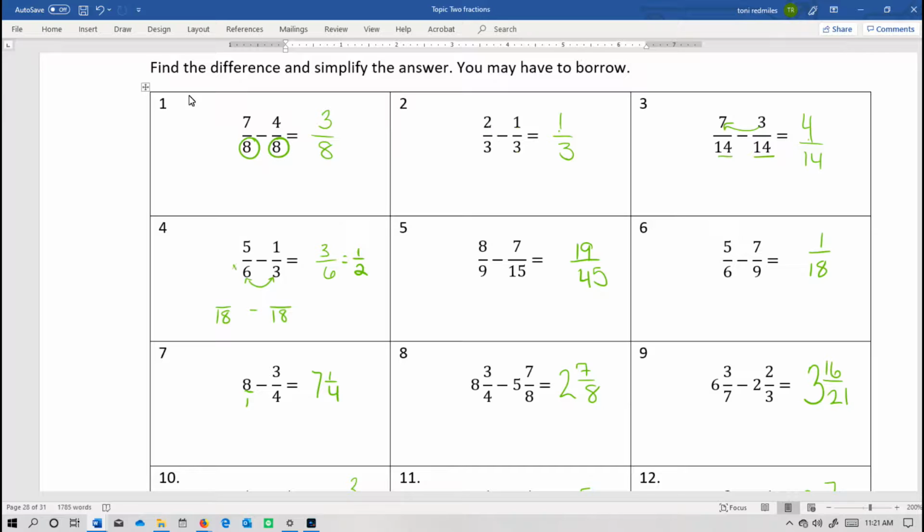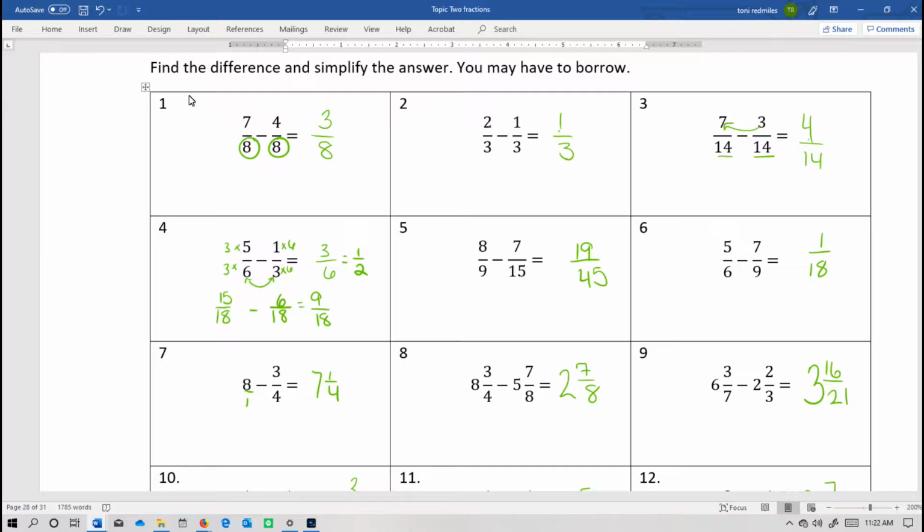So that means I multiply both top and bottom over here by 3, because 3 times 6 will give me 18, and over here by 6. That's going to make my new numerators 15 and 6. So 6 take away from 15 is 9. 18s are around. Now I have 2 different ways of reducing this.